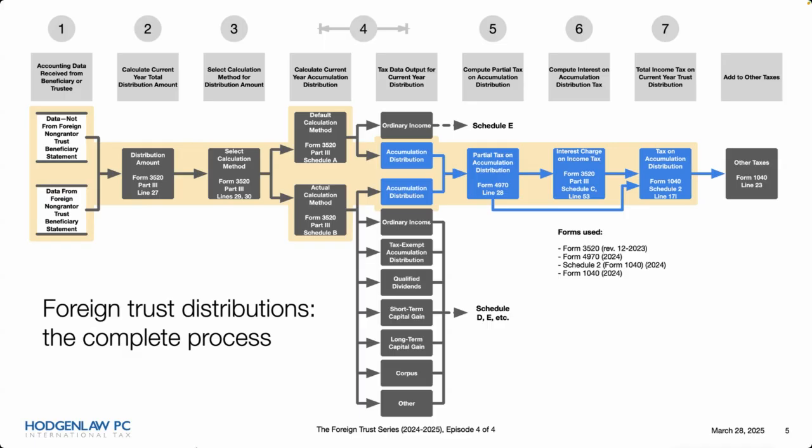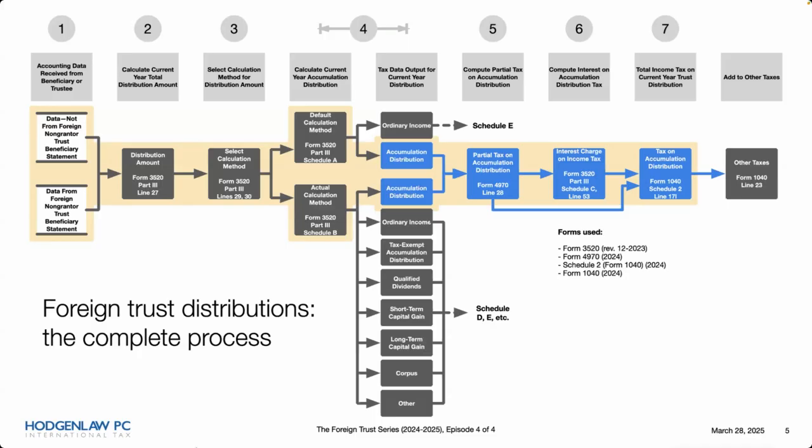You can see step 4 spans 2 of these things, and the output of what you're going to do, using either the default method or the actual method, is a whole bunch of data. The blue is your accumulation number, and you're going to get different numbers depending on which method you use.